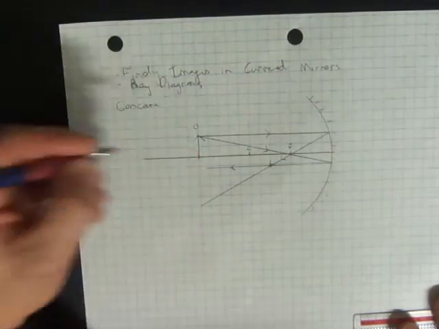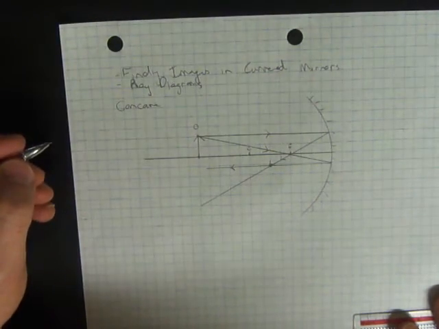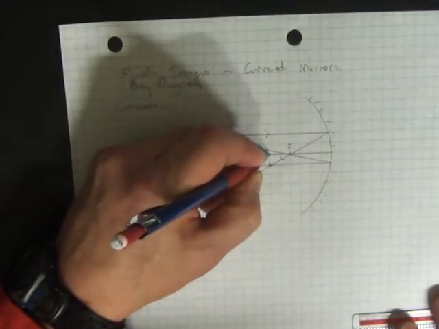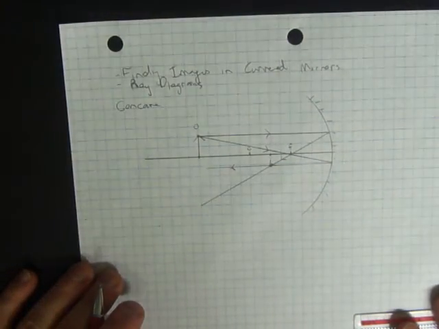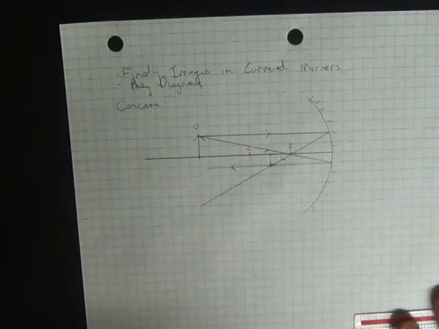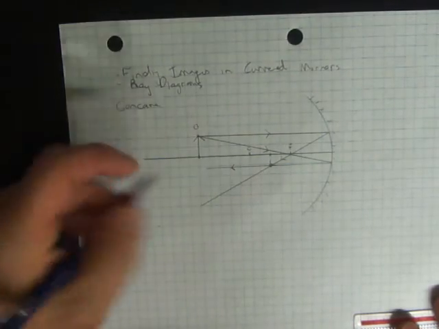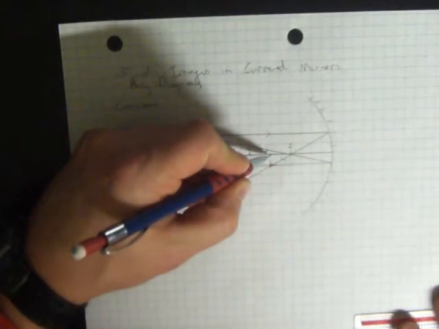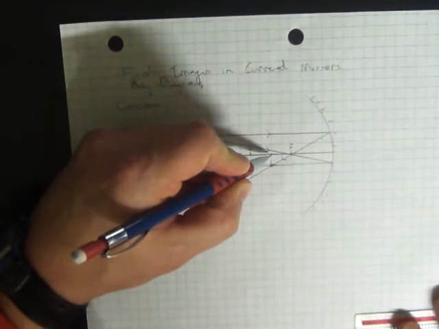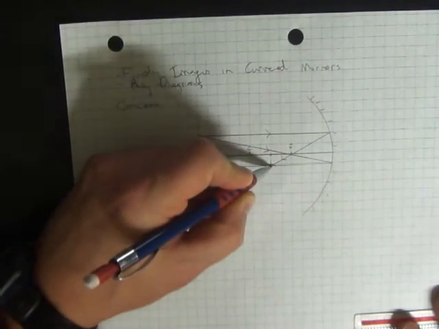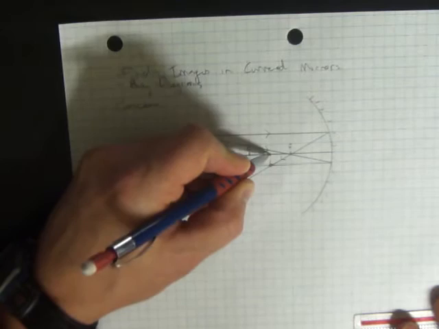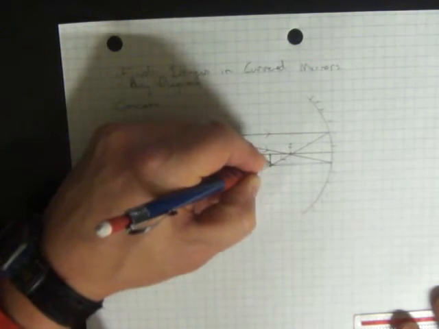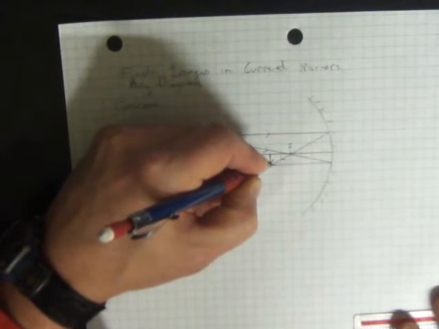The base of the image will always be on the principal axis. So we're not going to use 2 rays to locate the base. We're going to assume that the base is right there in that position. That makes the head of the arrow down here and the base of the arrow up there, and that means my arrow looks like this.